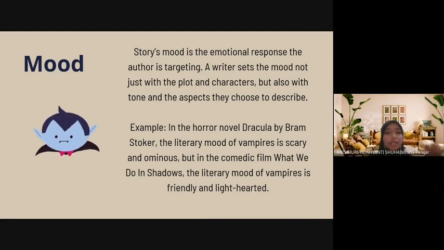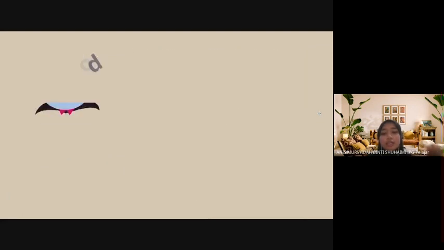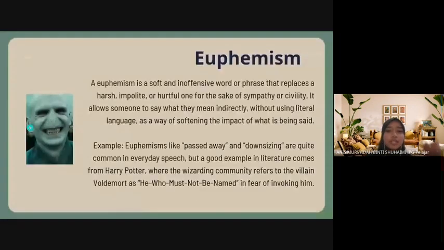For example, in the horror novel Dracula by Bram Stoker, the literary mood of the vampire is scary and ominous, but in the comedic film What We Do in the Shadows, the literary mood of vampires is friendly and light-hearted. Alright, so let's listen to Nasra's opinion about euphemism.